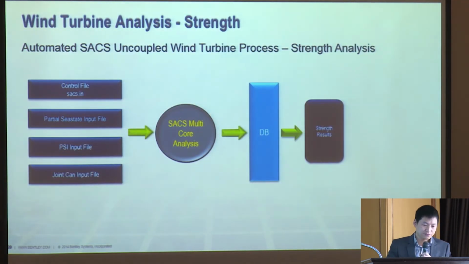And here is the workflow for this uncoupled wind turbine process for strength analysis. First, you need to prepare a control file, a partial system input file, a PSI file, and a joint CAN input file.